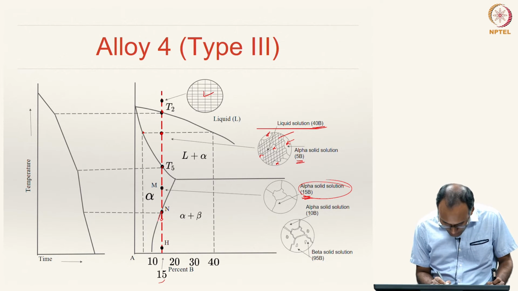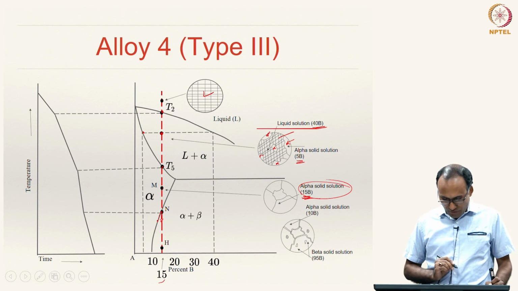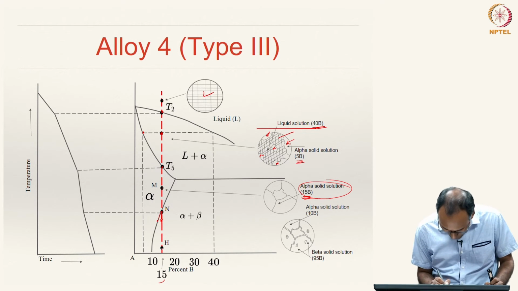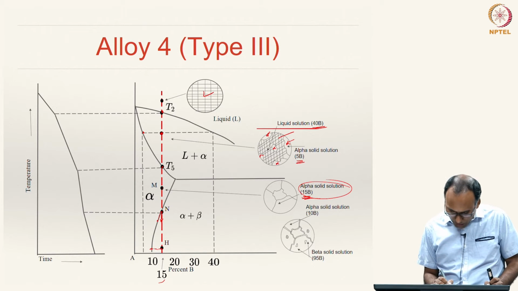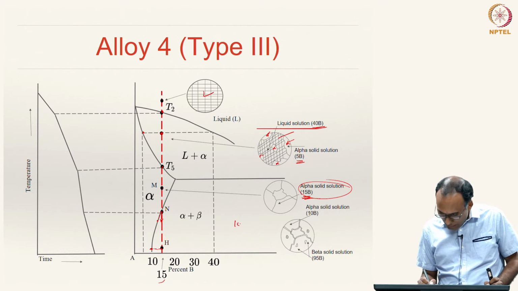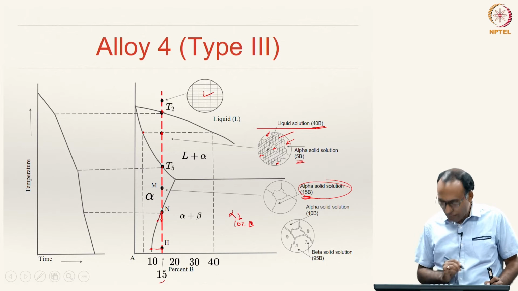The solubility limit is lower, but your composition has 15% B. So, let us say you are looking at point H, your composition is 15% B, but your solubility limit says that alpha can only hold 10% B.